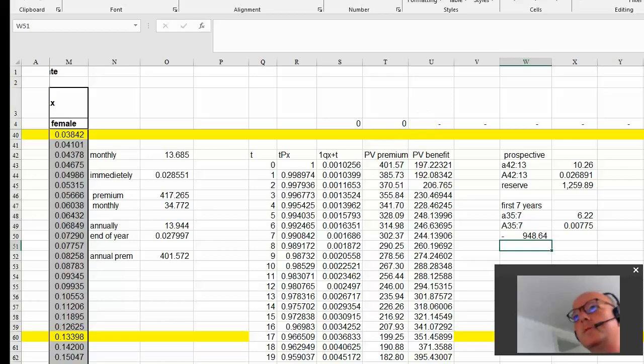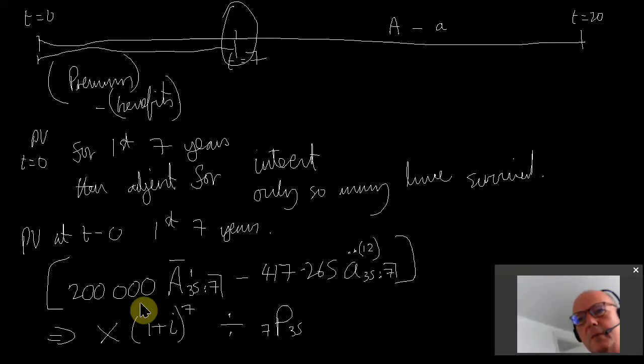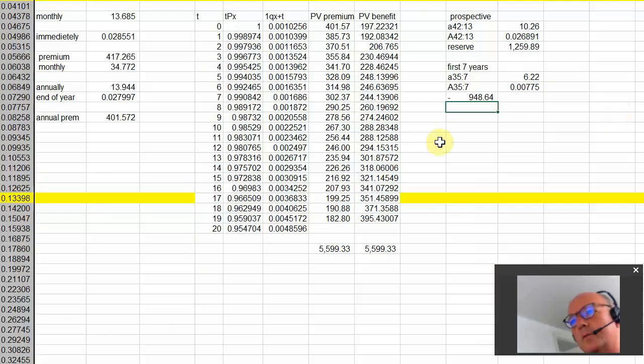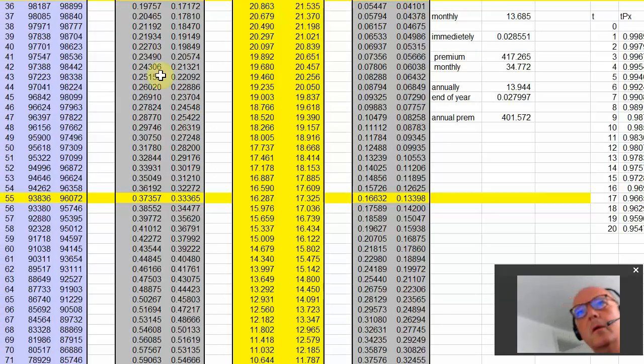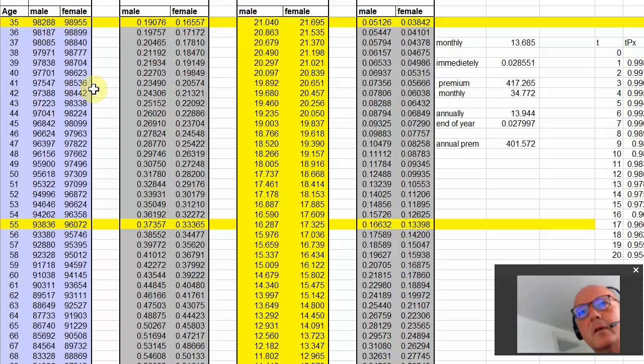Okay, but as we've said, we've got to adjust by 7 years of interest and the probability of survival for 7 years. So interest equals 1.04 to the power of 7, and survival, the probability of surviving those 7 years, is going to be 42 over 35.